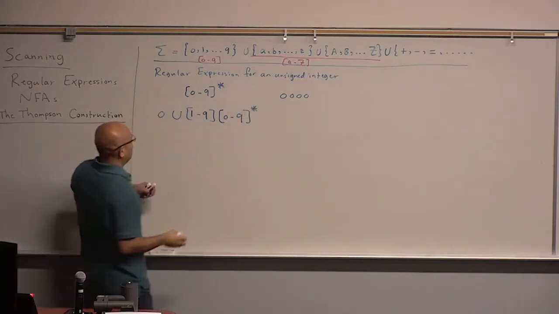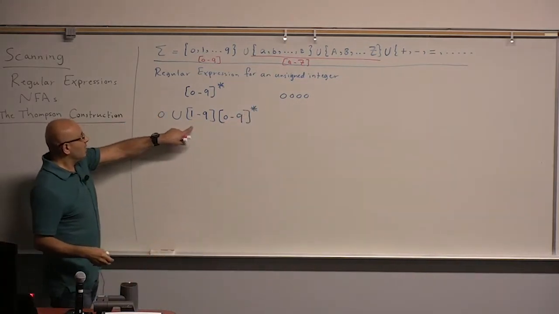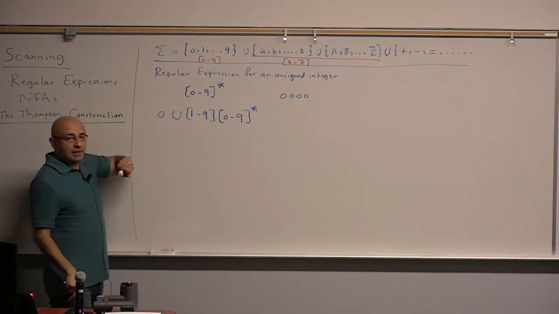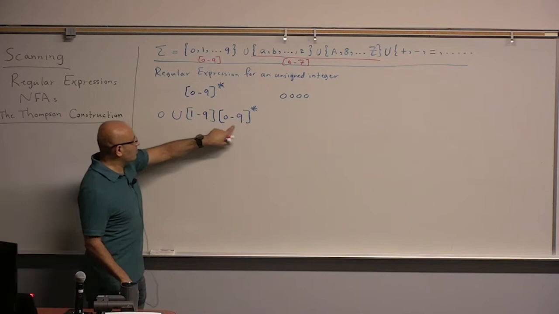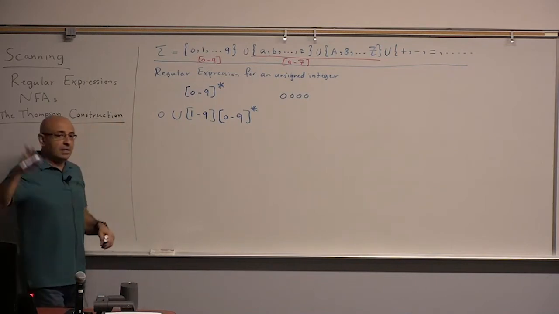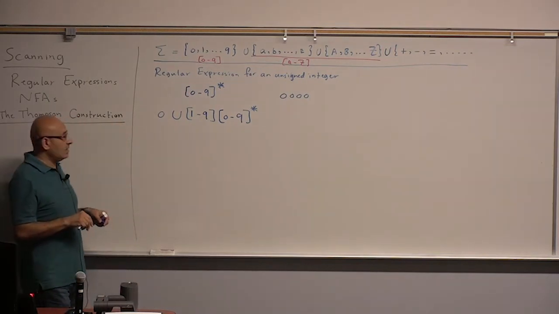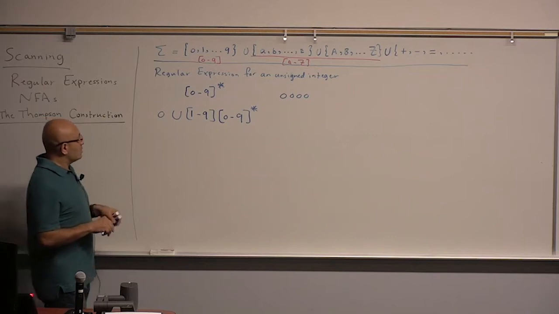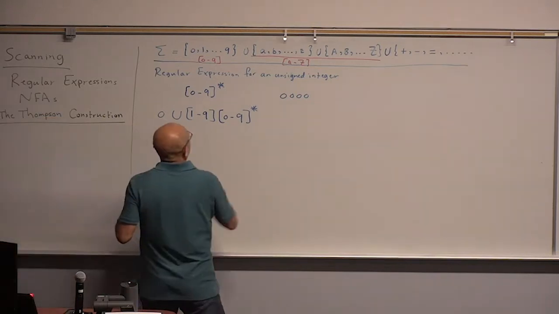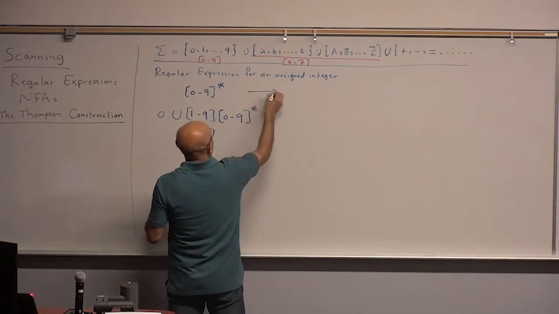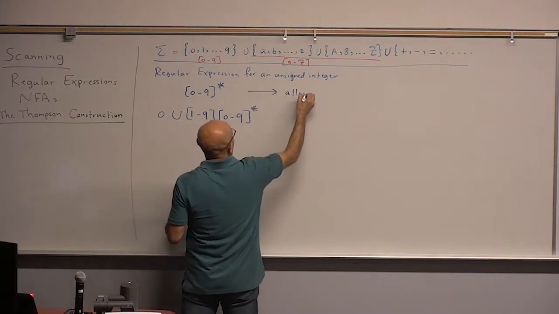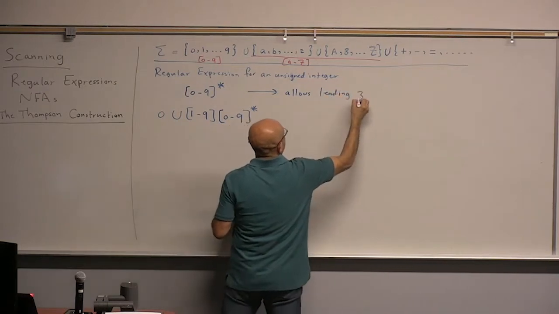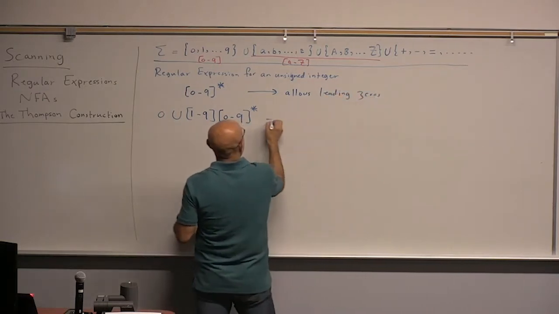So here I'm saying that you either have a 0 or you have a non-zero followed by any combination of numbers. This does not allow leading zeros.